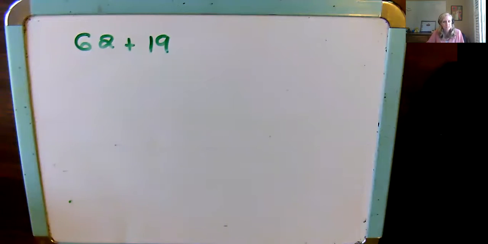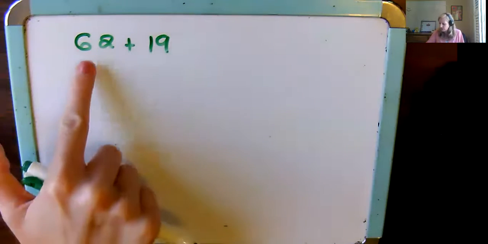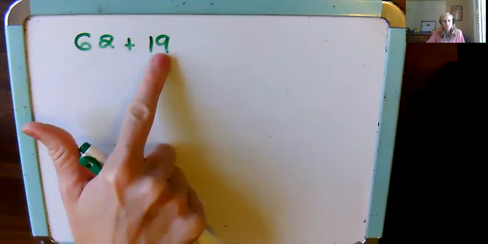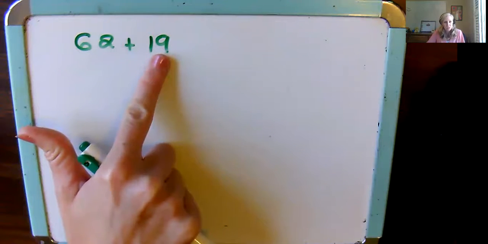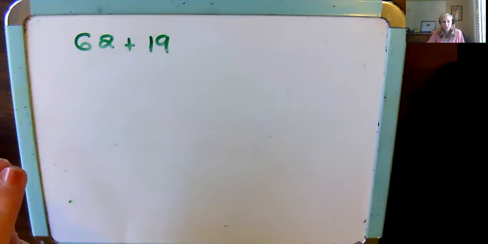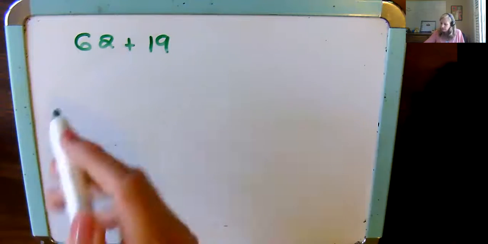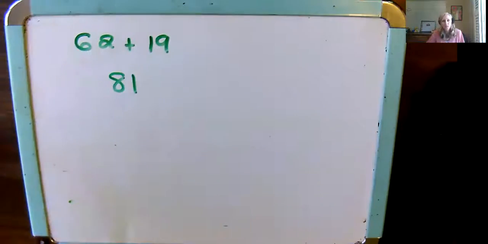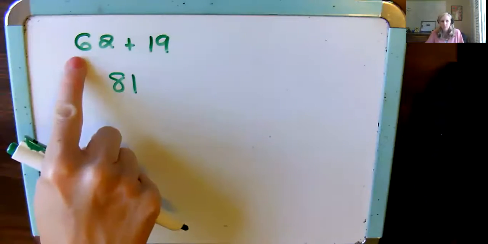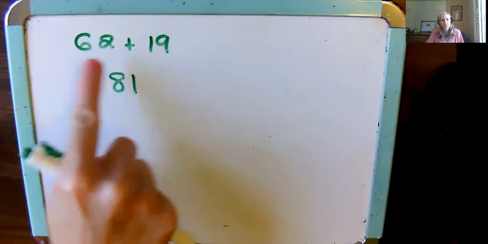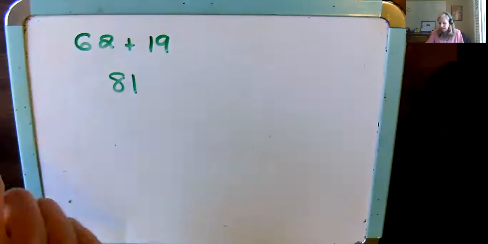Are my signs the same or are they different? This is a positive 62, this is a positive 19. So we're going to add our two numbers together. 62 and 19 is 81. And we're going to ask ourselves, are they both positive or both negative? Positive 62, positive 19. Your answer is positive 81.